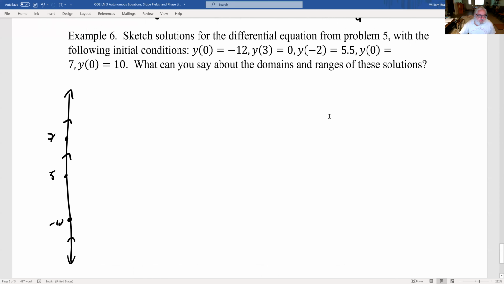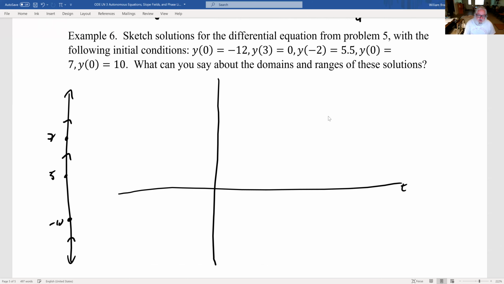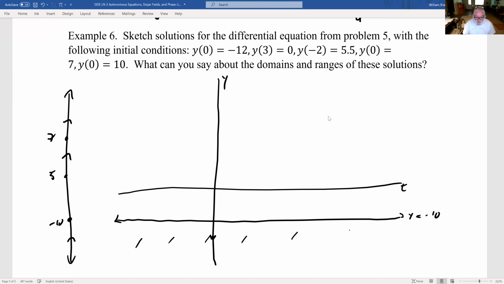So if y of 0 is minus 12, and we want to draw the solution curve, here's t, here's y, and we want y of 0 to be minus 12. Well, that's below this equilibrium at minus 10. And we know that the slope field here is always positive, so all our slopes here are positive. And so my solution curve going through here has to look like this.